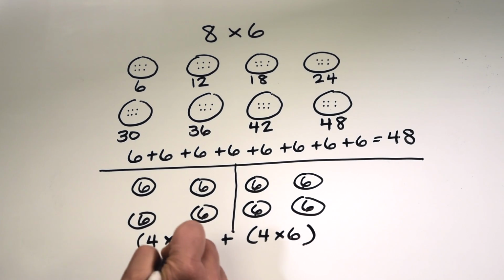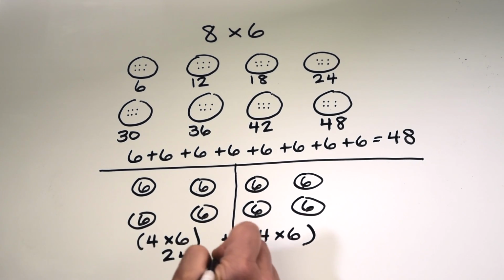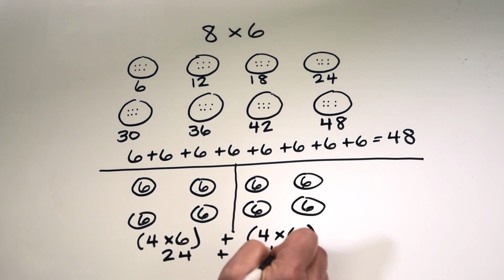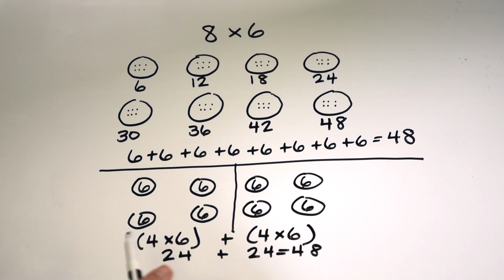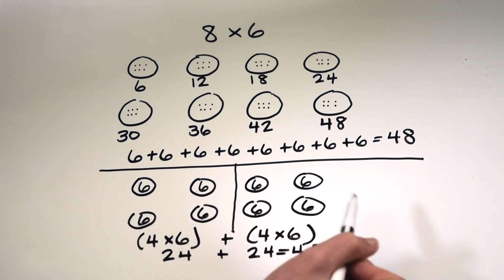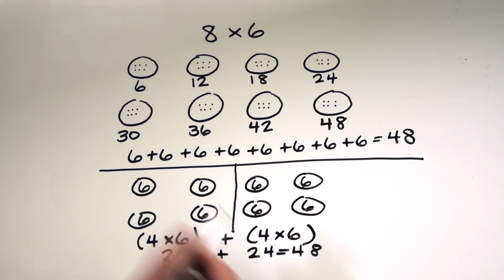And now they know that 24 plus 24 equals 48. These are facts that they know when they go to solve them. There are different ways that you could group these together. However, this is one example of what students might see.